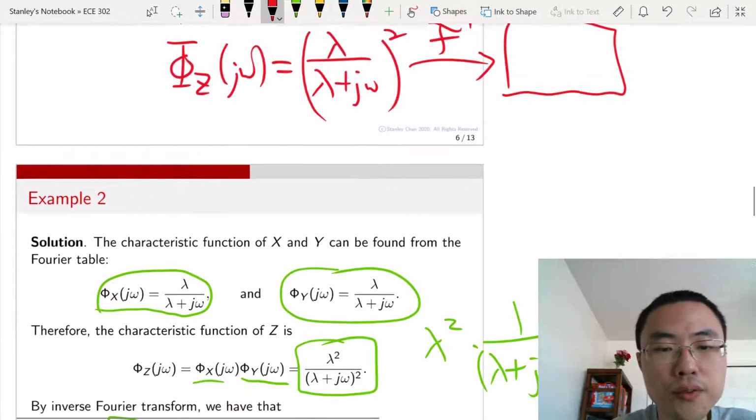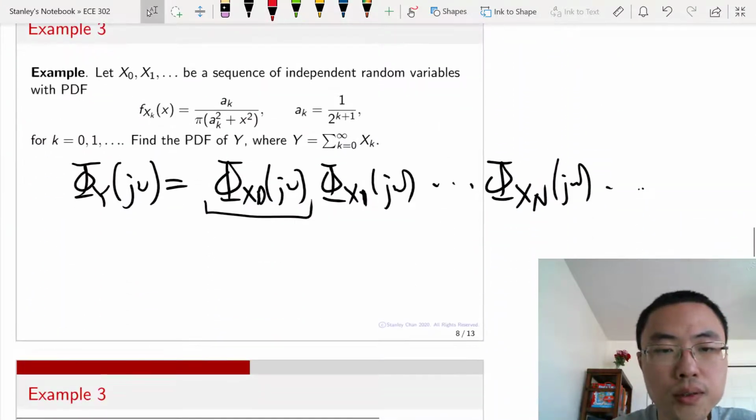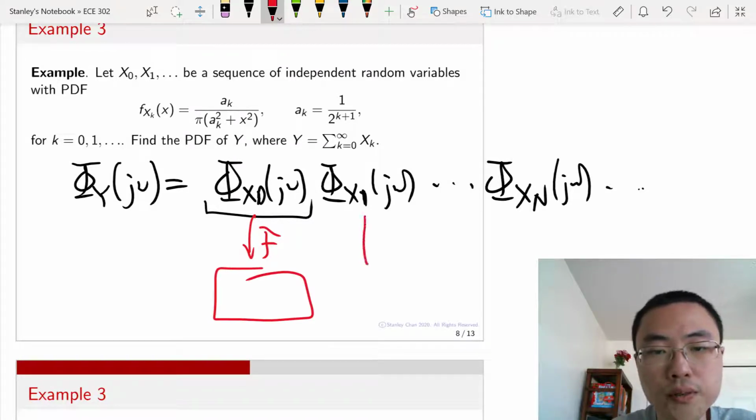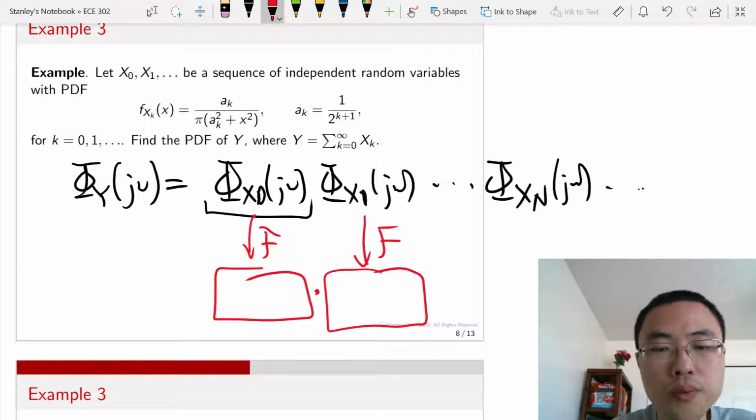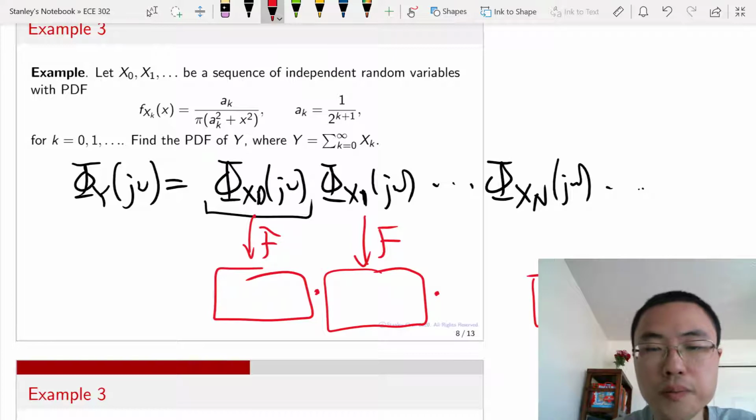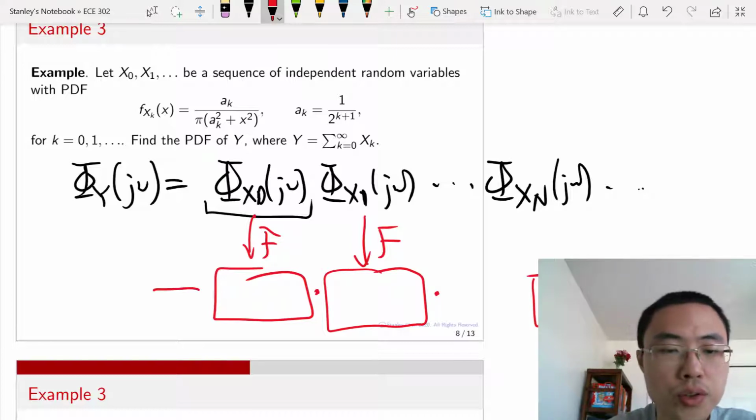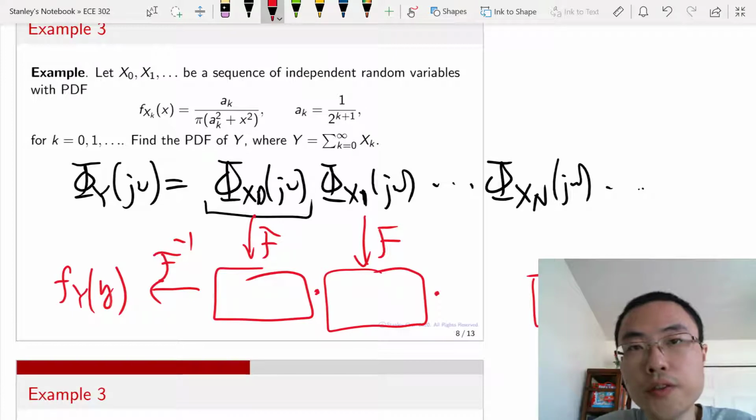So we can take the Fourier transform to get some expression, and then take the Fourier transform to get some other expression. And then you will need to multiply them together. And then afterwards, you will take the inverse Fourier transform to get back the PDF of y. So that would be the flow of this exercise.